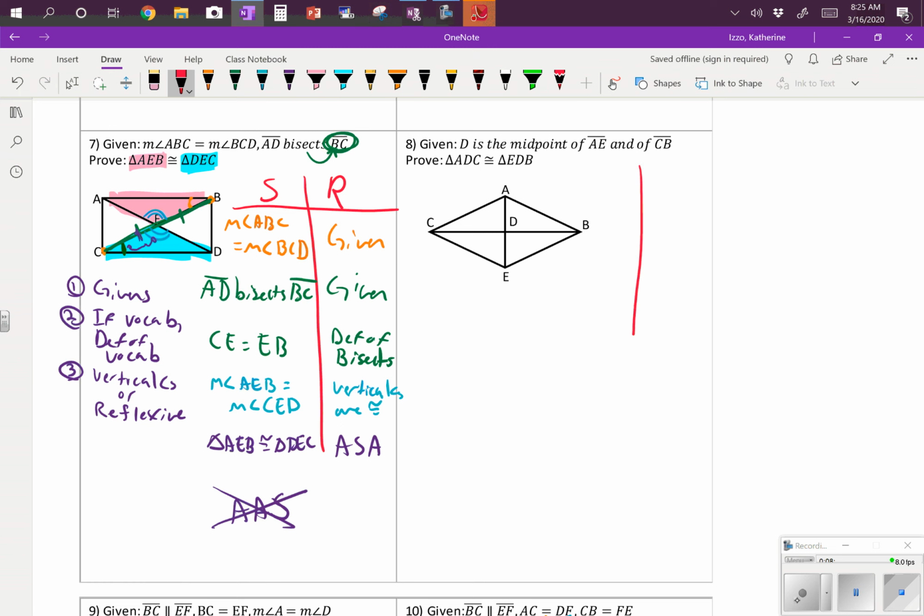Okay, let's do statement reason chart. And we've got prove ADC, so ADC, and EDB, so EDB. Those two triangles are congruent. And we only have one given.